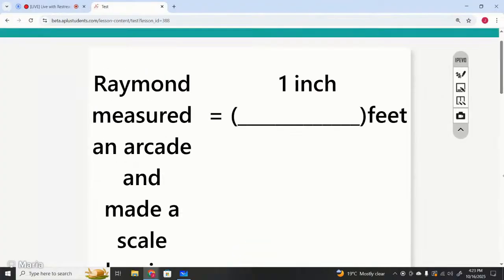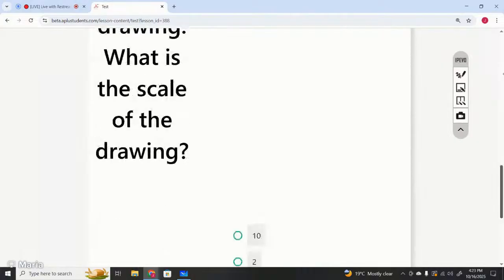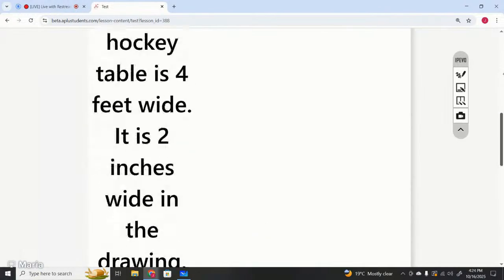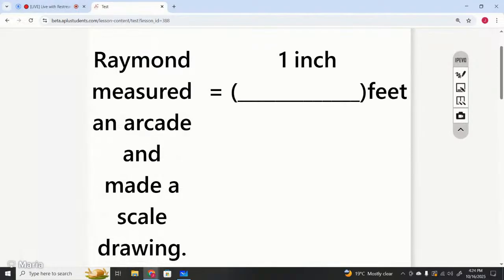An arcade made a scale drawing. In real life it is 4 feet wide, and it is 2 inches wide in the drawing. What is the scale?